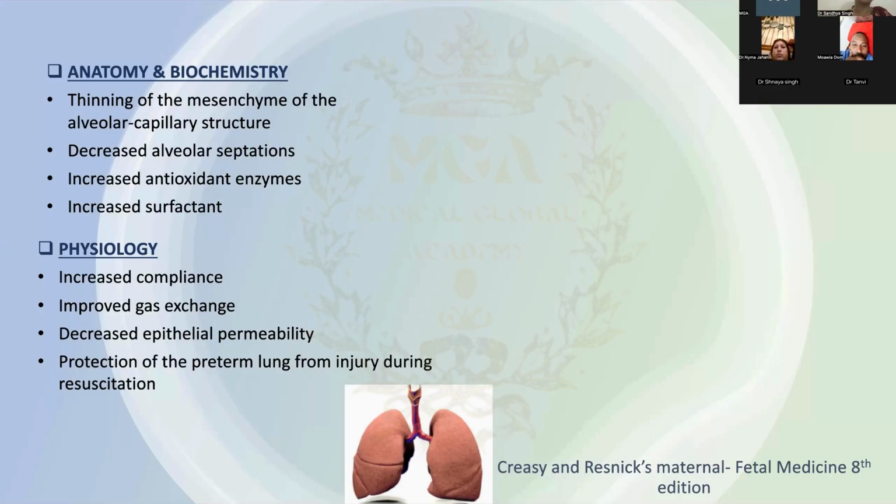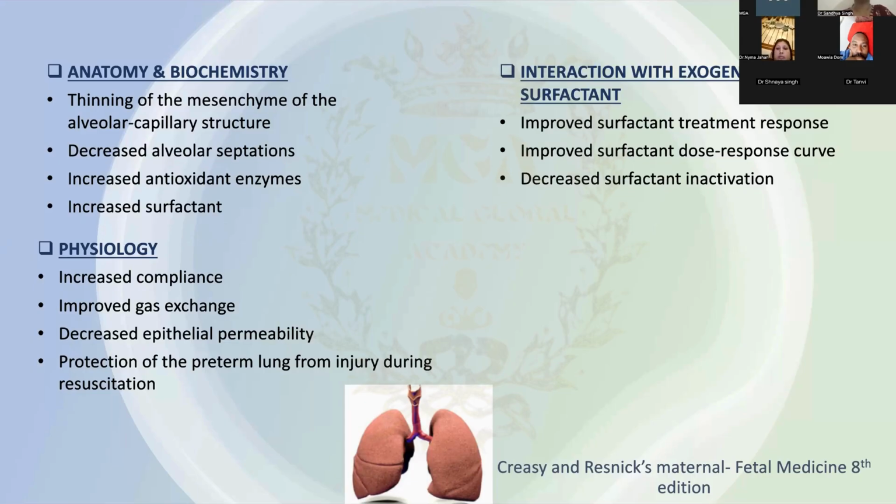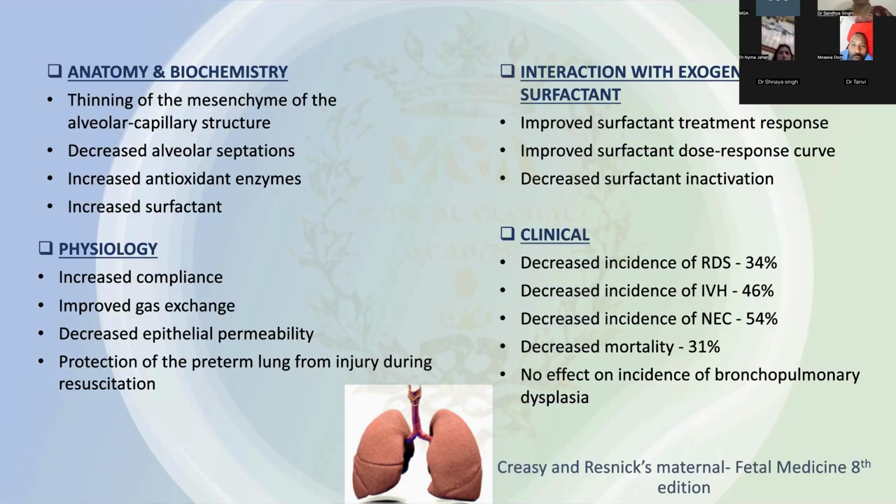It increases the surfactant, it increases the antioxidant enzymes, it increases the compliance. So basically, it is helping us in all kinds of respiratory efforts. It also increases surfactant response to the treatment, and it also decreases the surfactant inactivation.